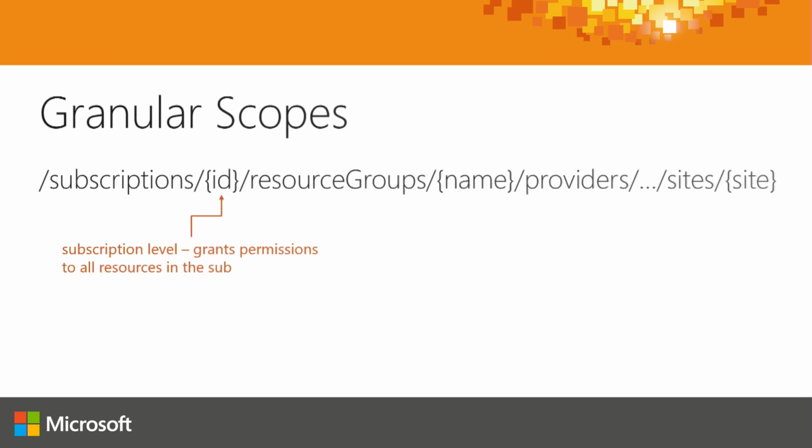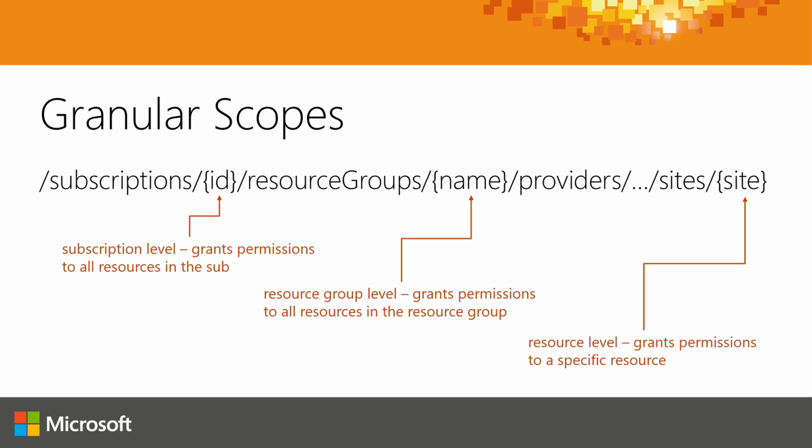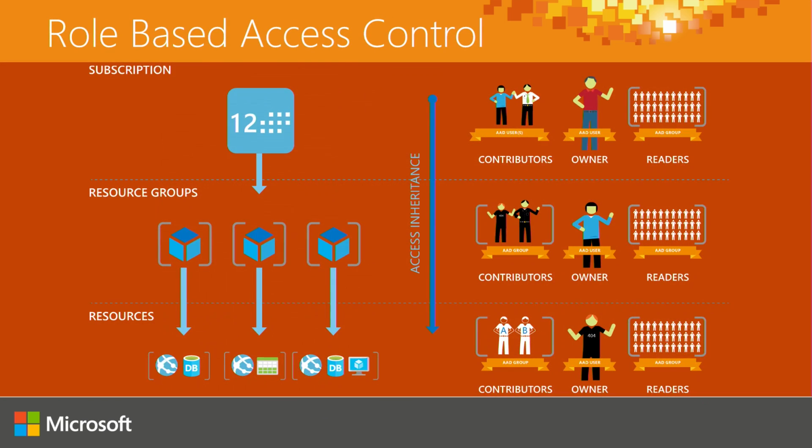Sub IDs are the top level, but I can go down the hierarchy and maybe give someone very privileged, all-star access to something right at the leaf. Everything's inherited, right? So at the top level, you grant a permission and it trickles all the way down.